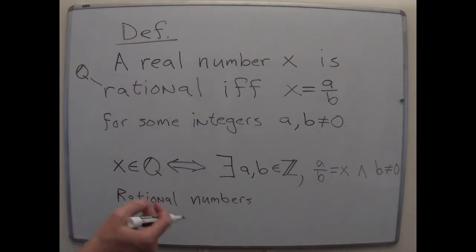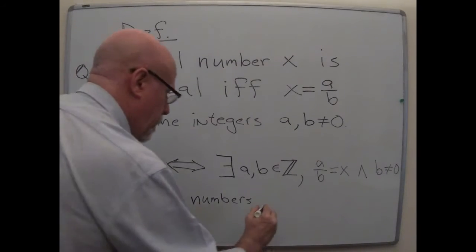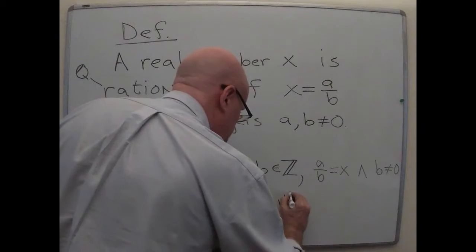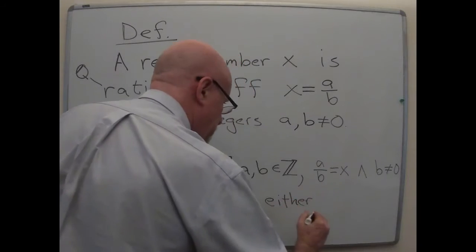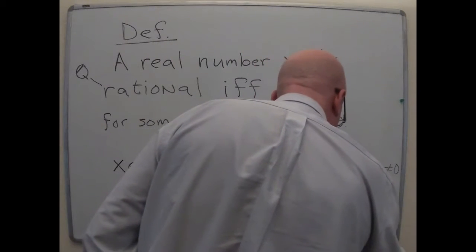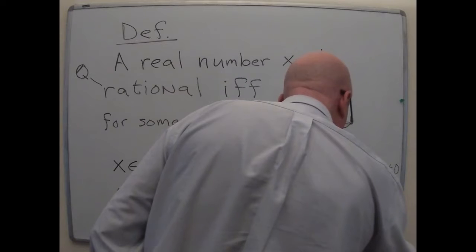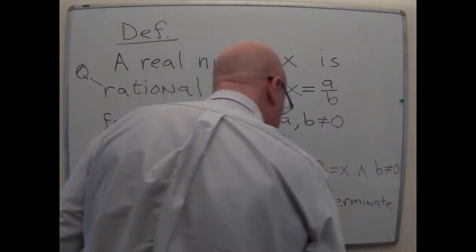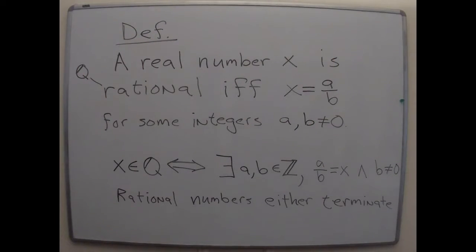Either they have a terminating spot, the decimals go to some point and then it ends and there are no more numbers after that, in which case we just say they're terminating. Or the other thing that can happen is they get a repeating pattern.